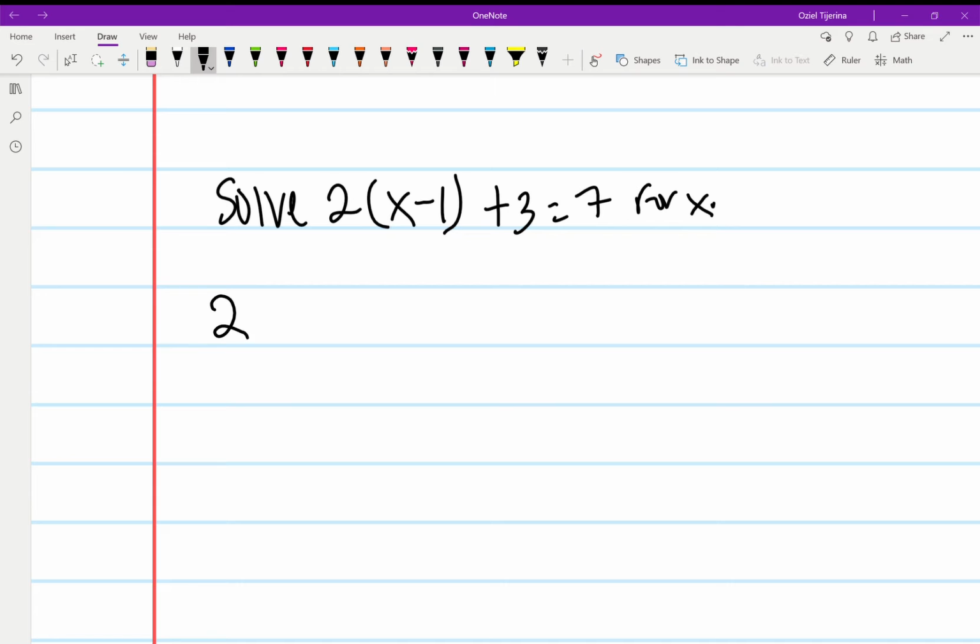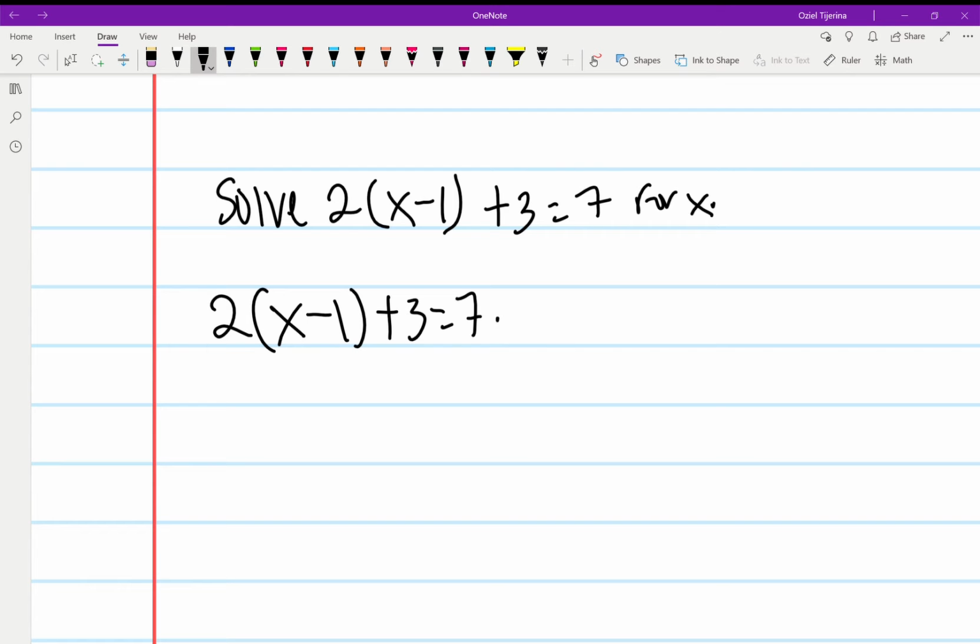So we're going to rewrite the problem really quick. We can either subtract 3 on each side first, or we can do the distributive property first and then combine like terms.